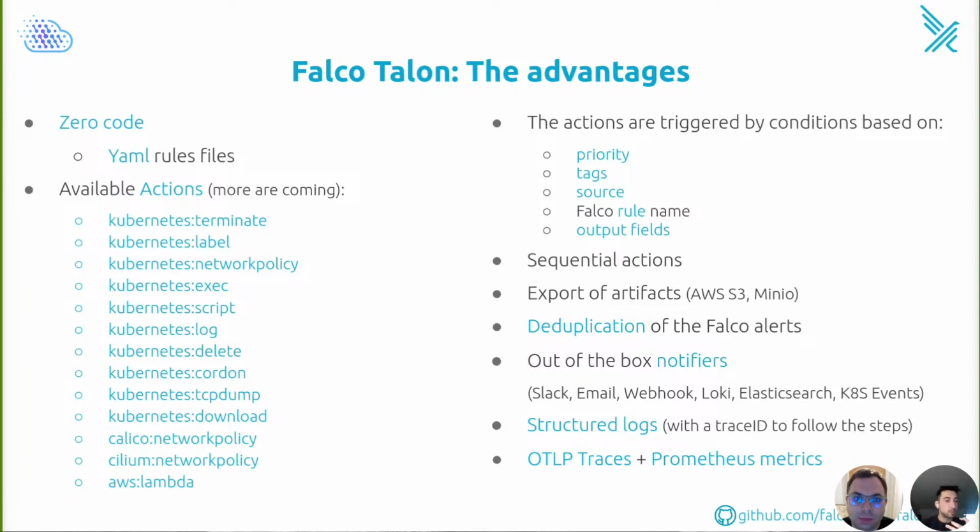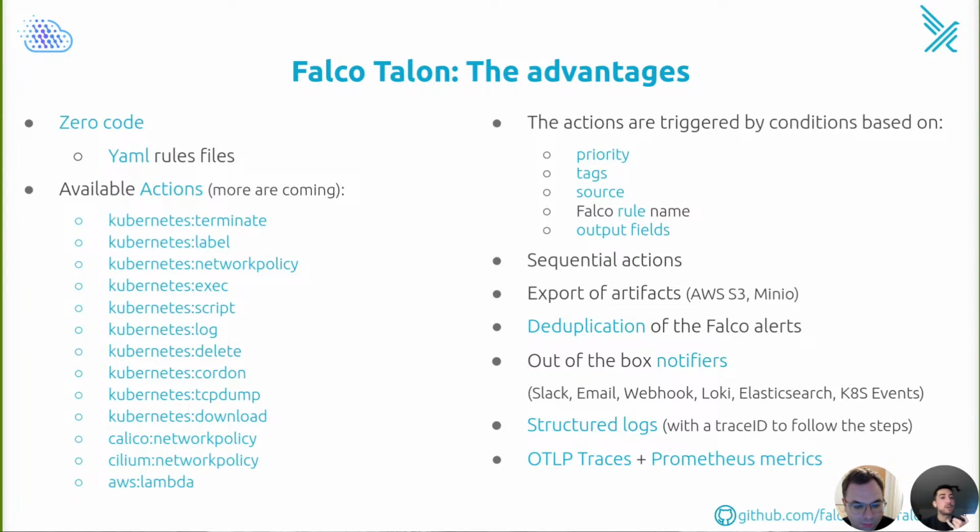You can create a network policy, execute a command, run a script, get the logs, delete whatever: config map, secret, user, whatever. You can also run a tcpdump. You can cordon a node, and then you can drain a node. You can download a file from a pod.